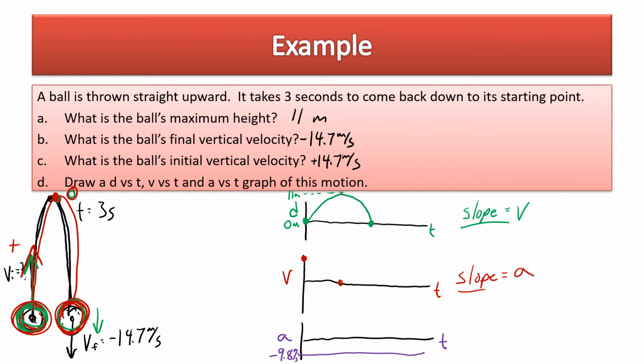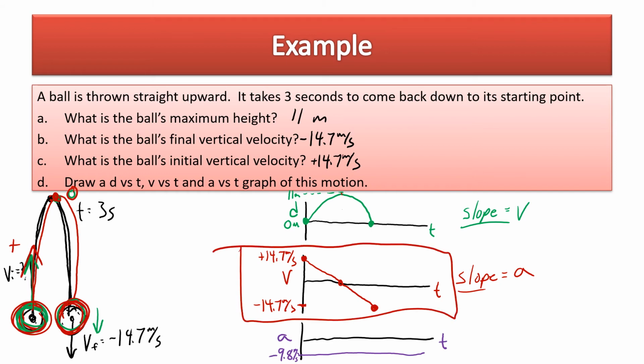So we could actually make this positive 14.7 meters per second. And then an equal amount on the negative side of things is negative 14.7 meters per second. And we're going to make a straight line coming down right here. This is my favorite graph right here because it shows the slope is a constant negative slope.